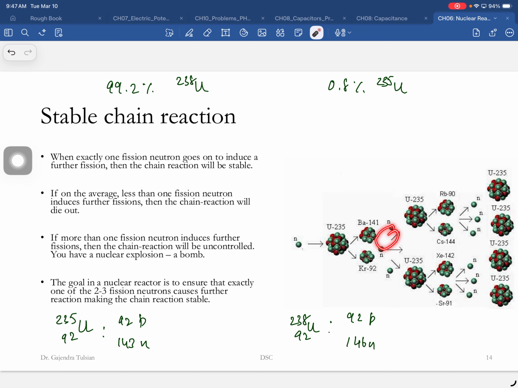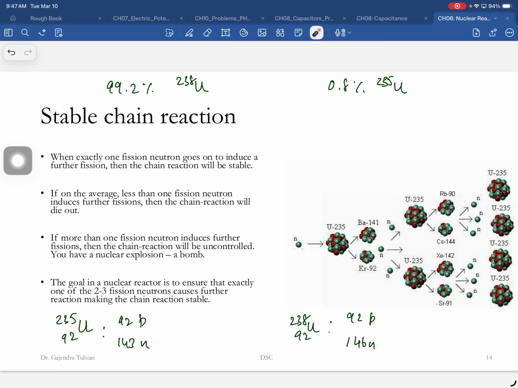If 2 of them cause a reaction, what will happen? Explosion. It will be an explosion. So you want to make sure one causes a further reaction, and that is criticality. In a nuclear reactor, that's what you're maintaining. So you do everything to make sure that one of those causes a further reaction.